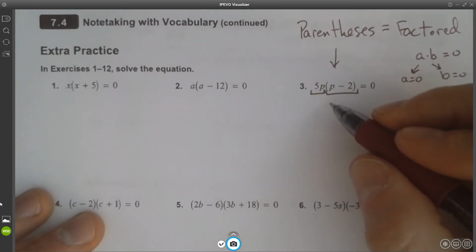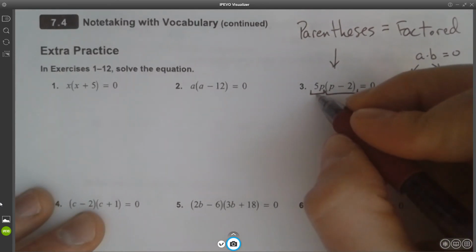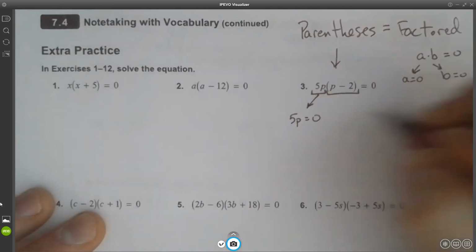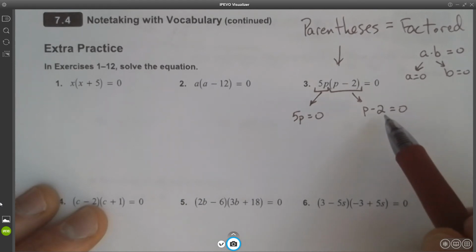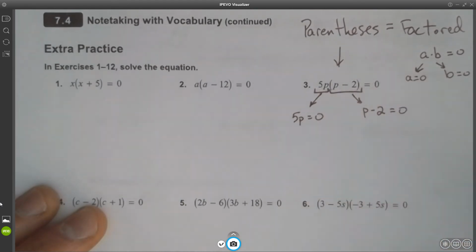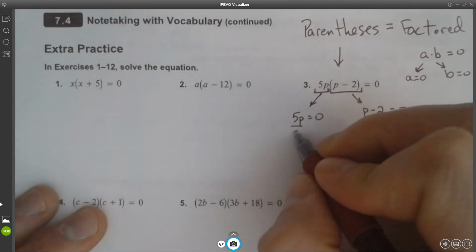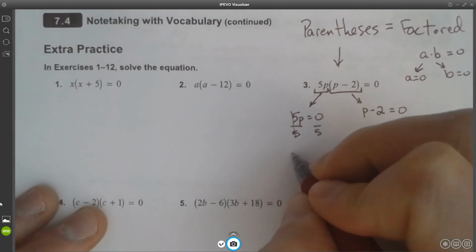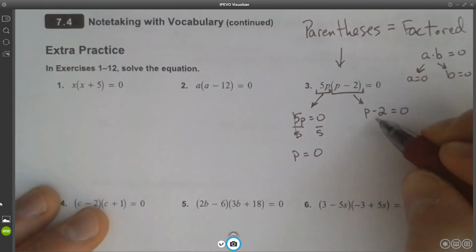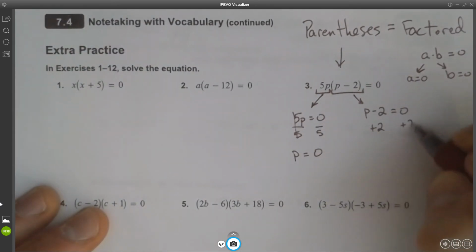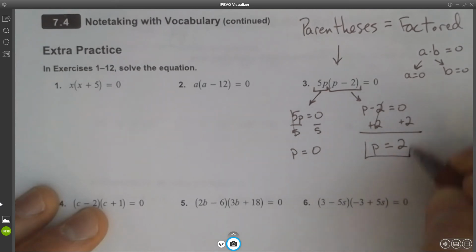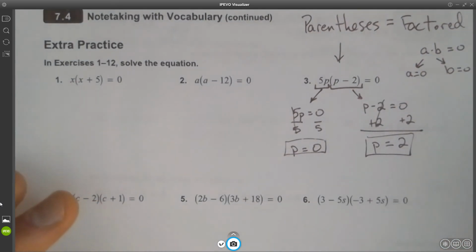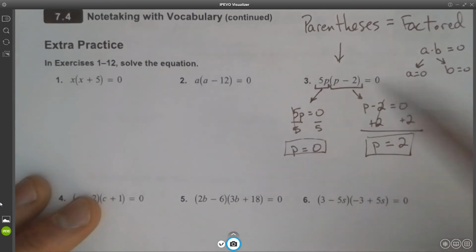For number 3 here, that means that I would take 5p and set that equal to 0, and then also p minus 2 and set that equal to 0, because either this factor or this factor has to be 0 for the product of those two things to equal 0. So to solve this, I would divide both sides by 5. 0 divided by 5 is 0. To solve this one, I would add 2 to both sides, and p would have to equal 2. There are two answers to this polynomial because there are two different factors.